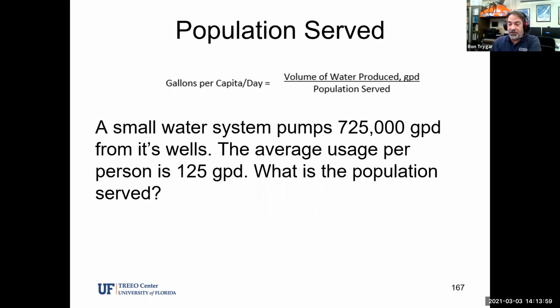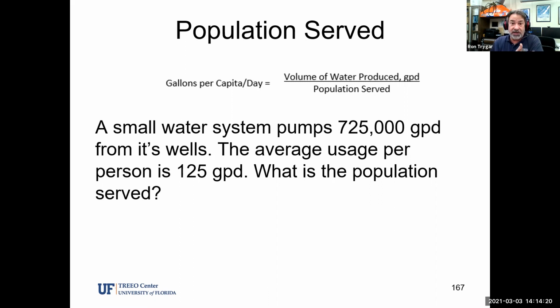That's how we work that one out. The population served can also be figured if we know something about the amount of water that a person uses per day, or the average usage. So we just turn this calculation around a little bit. We have the same numbers, but maybe we want to figure out what the actual population is.